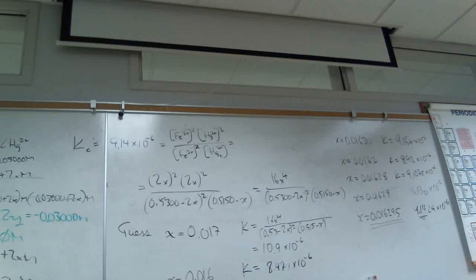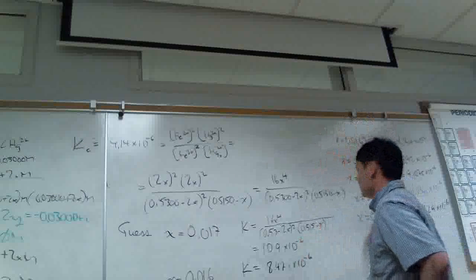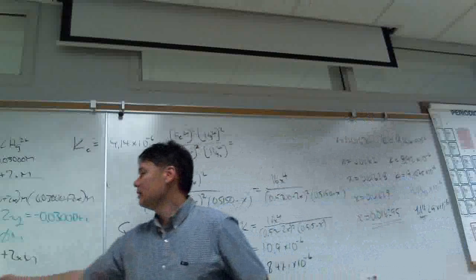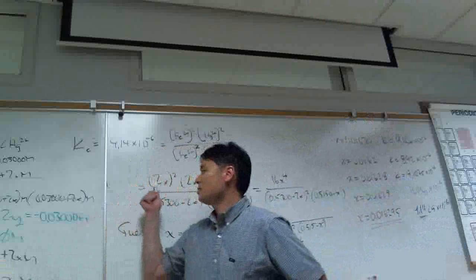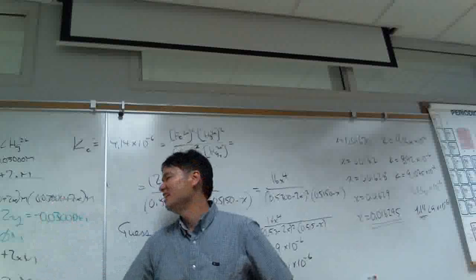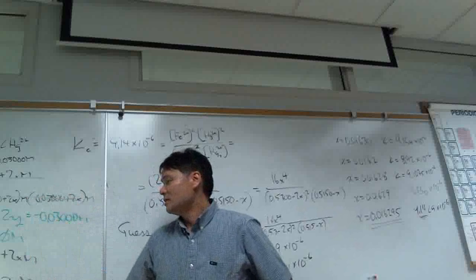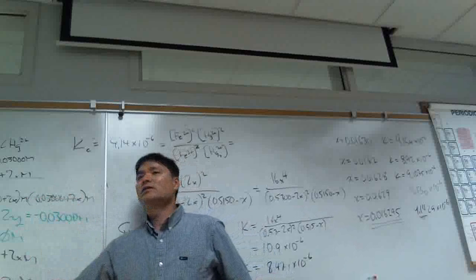Actually, we're running out of time here. And so what you're going to do is you're going to just plug this back into here, right? Because this K expression was based on this ICE table, not this ICE table, right? This is our original ICE table. It had a different K expression. The x's are different. And so you plug this back in here and you do your double check.